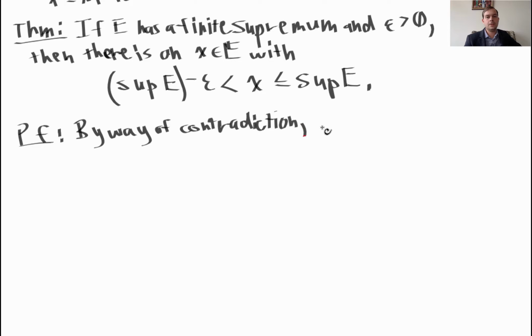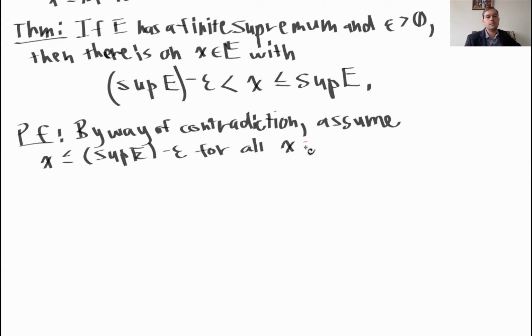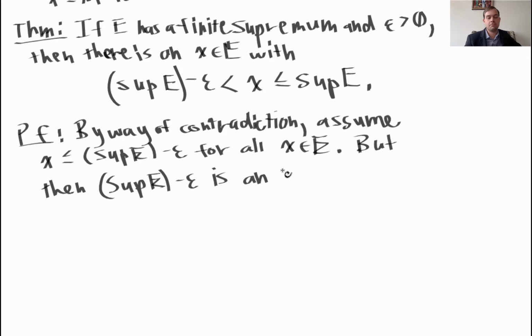We assume that epsilon is greater than 0 as given, and we assume that x is less than or equal to the supremum of E minus epsilon for all x in E. But then sup E minus epsilon is an upper bound.